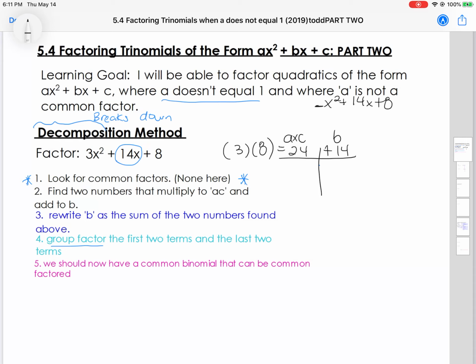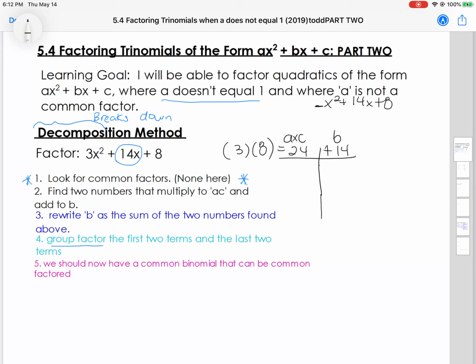So 24 has many factors, and what you're going to find when you do this, whether you use decomposition, magic X, or guess and check, is that because we've got an A value that's not 1, your number is usually going to be bigger. So maybe here is a case where you really want a calculator with you.